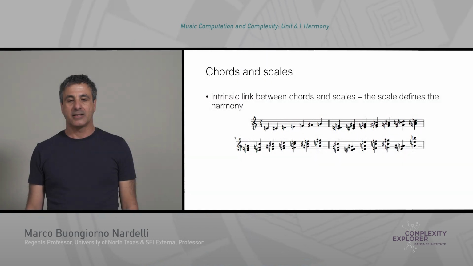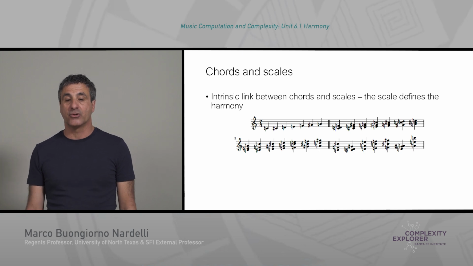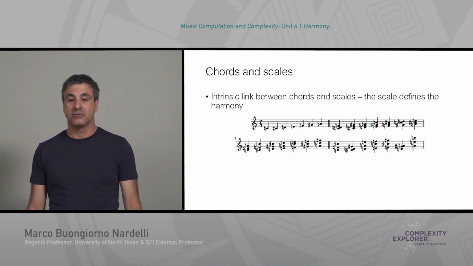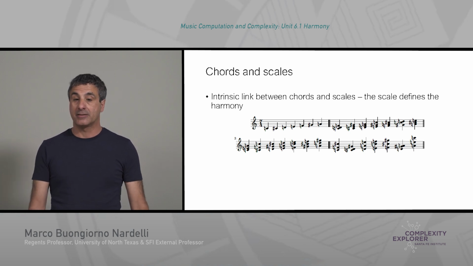In this slide, we are starting from a collection of pitches. This is just a collection of 7 pitches. And using only the pitches of this scale, we can construct all these sequences of chords. And you see here different triads where the pitches are combined to form the harmony of that scale.